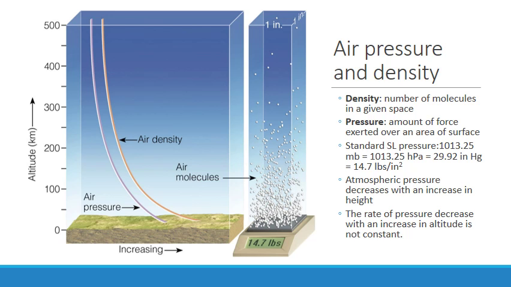Consequently, traces of our atmosphere extend for thousands of kilometers beyond Earth's surface. Thus, to say that the atmosphere ends where outer space begins is kind of arbitrary. It's not a sharp line. It's what they call a gradational line, a gradual line.